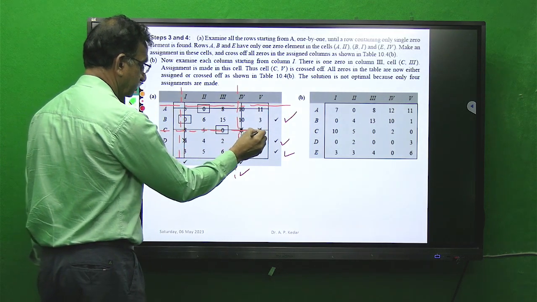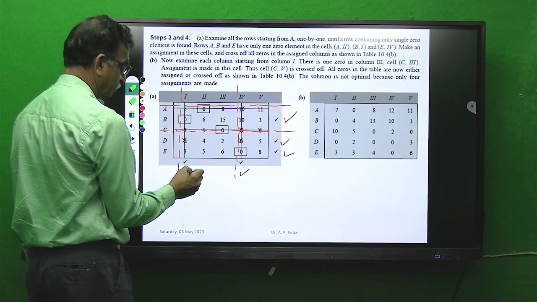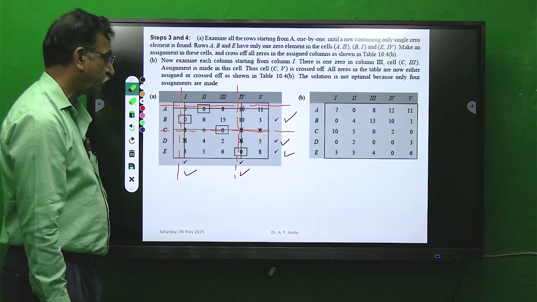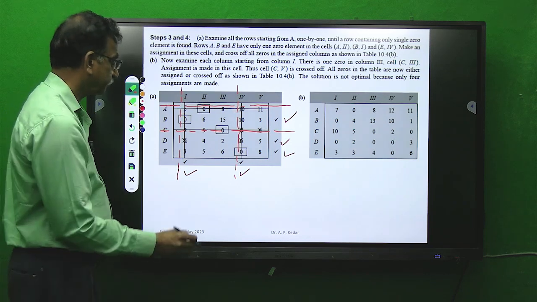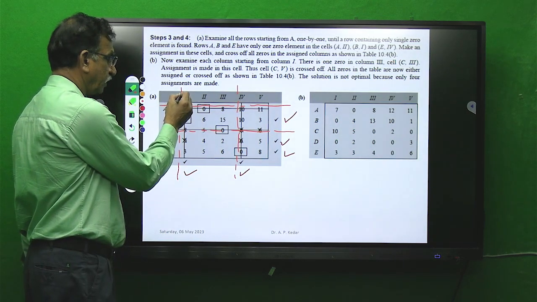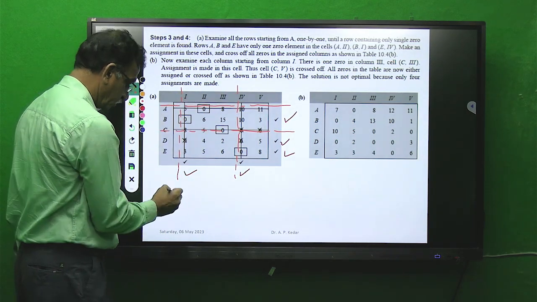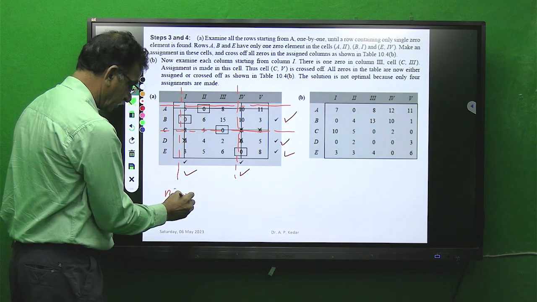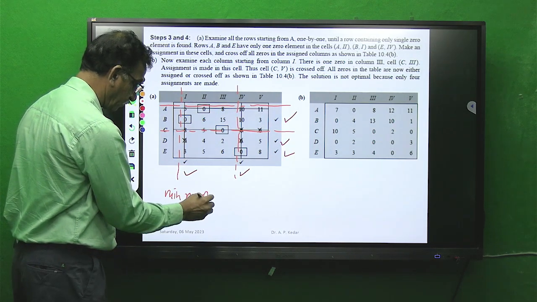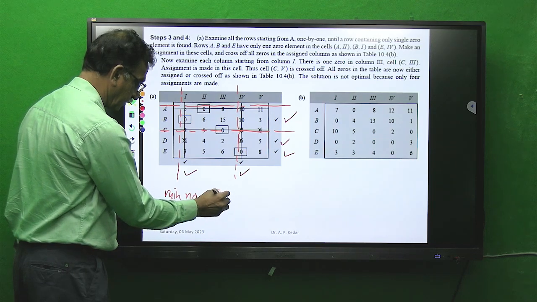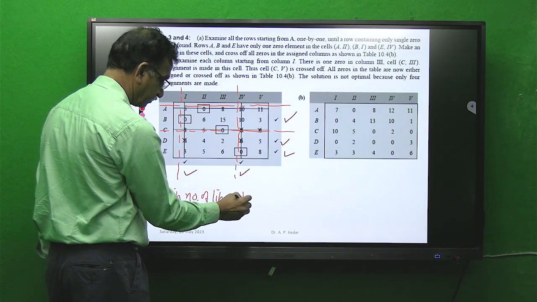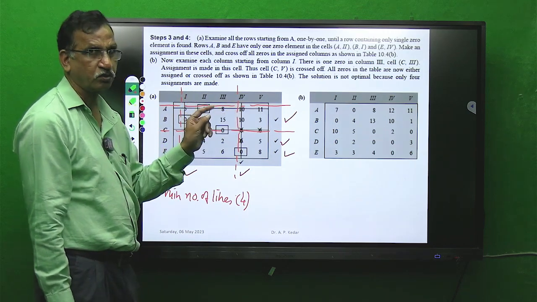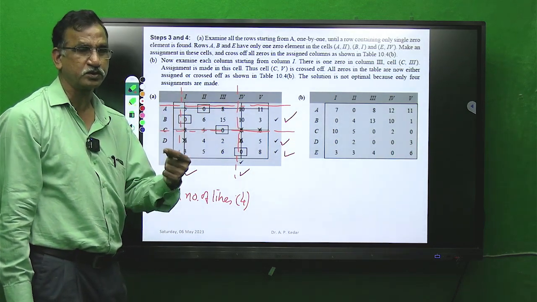So I am repeating this, which I already solved. So now students, you can see here, this is 1, 2, 3, 4. Minimum number of lines are 4. So first see whether these 4 lines cover all 0 or is there any 0 which is not covered.